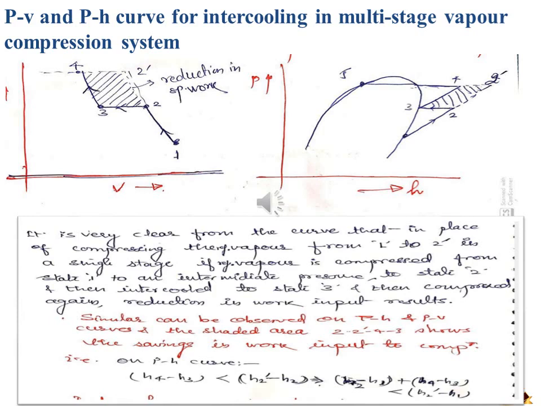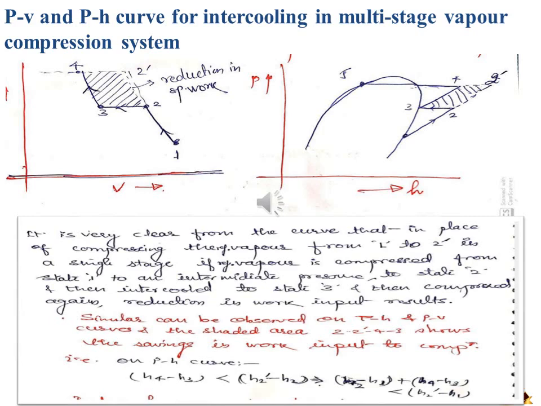2 to 3 shows the intercooling part, where the heat rejection takes place either by exchanging heat with a water cooled heat exchanger or by flash gas removal. 3 to 4 is again the compression in the second stage of the compressor of the remaining refrigerant.